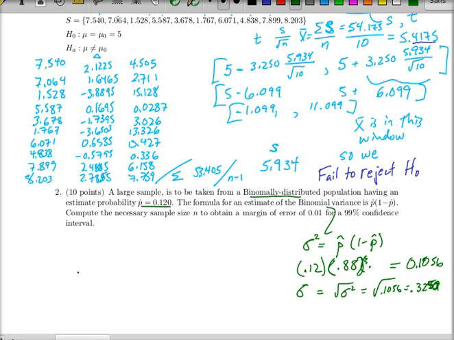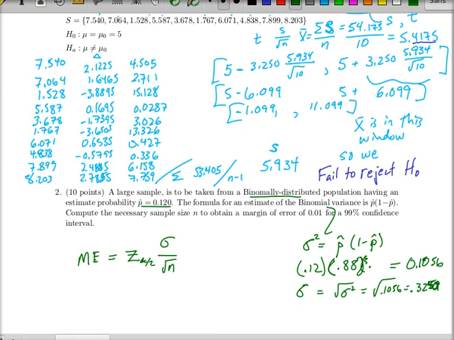Well, I want to get a margin of error, which is equal to, in this case, z alpha over 2 and sigma over square root of n. And we know what our margin of error needs to be.